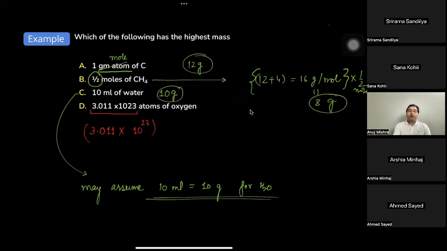Now the last one, you have to solve and give the answer in the poll. So I'm launching the poll. Let's see who can give the correct answer. Last one, you have to solve yourself. 3.011 × 10^23 atoms of oxygen.